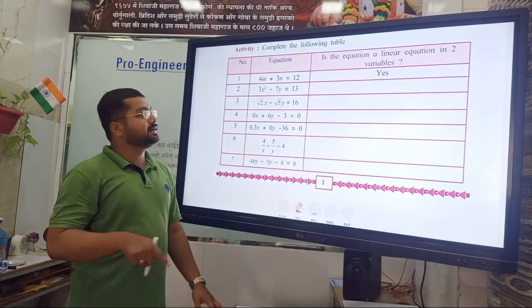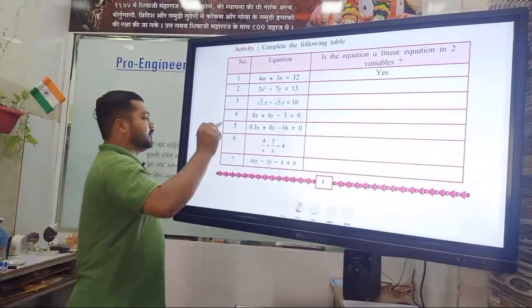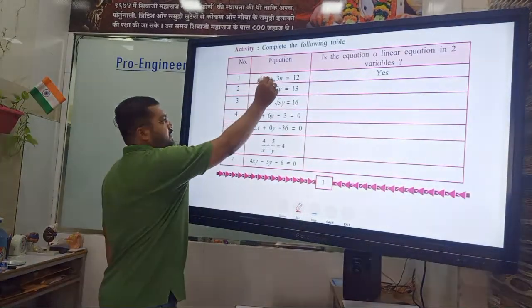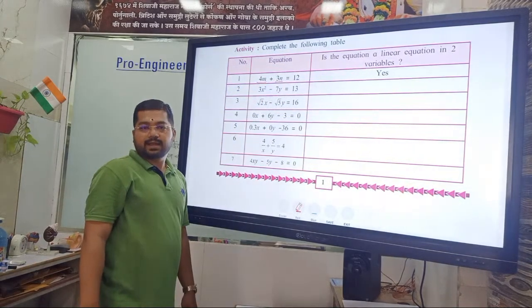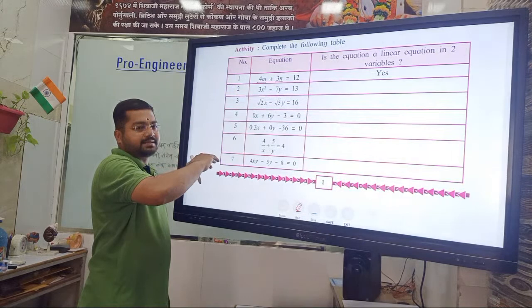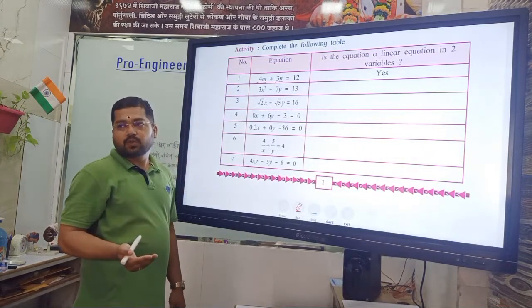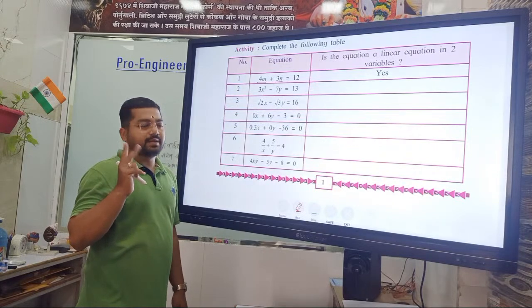Whether it is a linear equation in two variables? Yes. Why? Because it has one variable, second variable and c, right? Value of c is 12. If we take that 12 on the left hand side, the right hand side will get 0. So that is in the form of a linear equation in two variables.